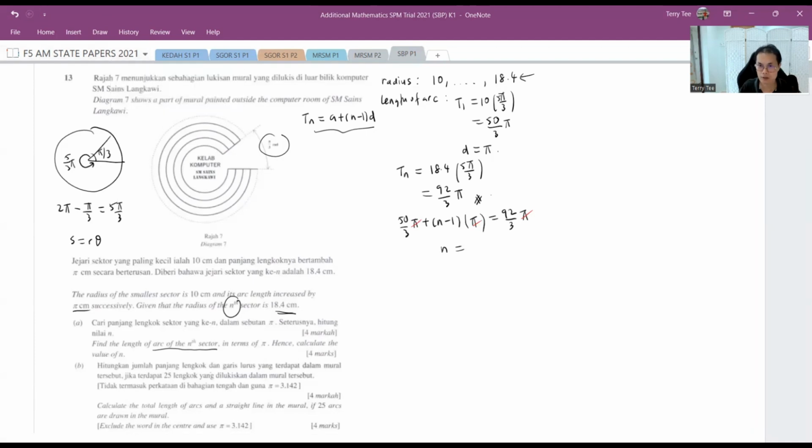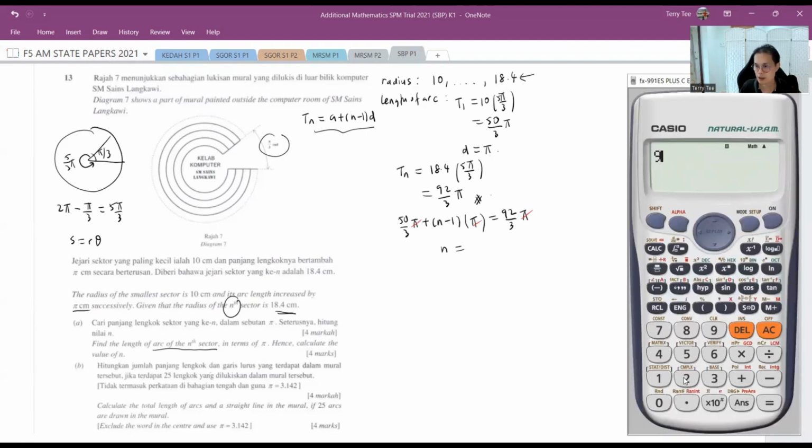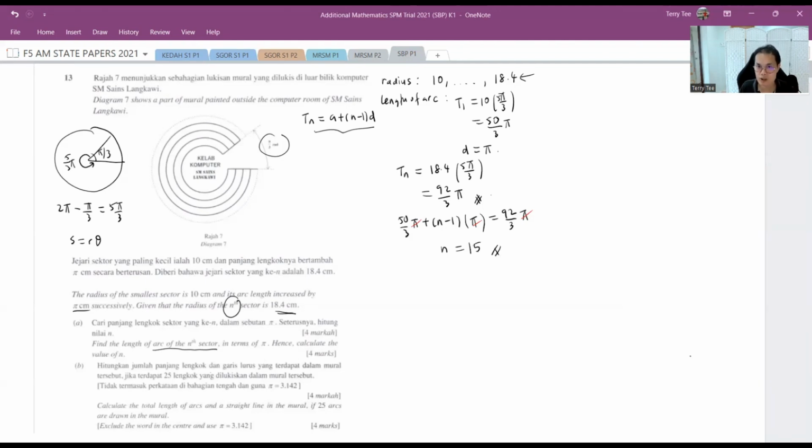I basically take 92 over 3 minus 50 over 3. Oh sorry, one more time. 92 over 3 minus 50 over 3. What I get here is 14. That 14, I must plus 1, and it's 15. So the first part, I got Tn in terms of π, and I got the value of n.